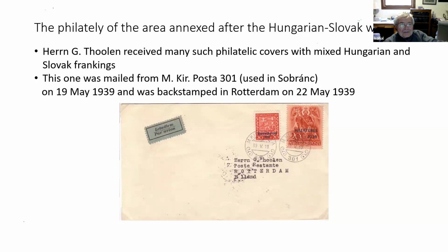They ended up sending a bunch of mixed franking envelopes to a Herr in Rotterdam. There's a lot of these around. And here's an example that was sent from Sobrance in May 1939, and it was actually postally used because it's got a Rotterdam backstamp of the 22nd of March.